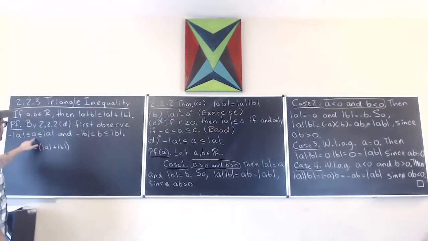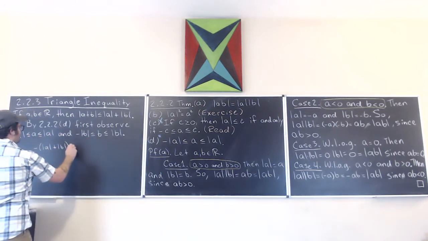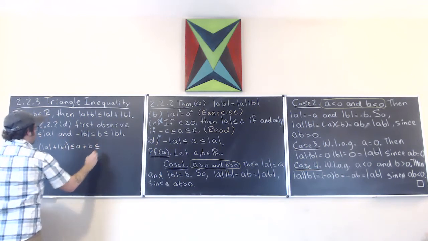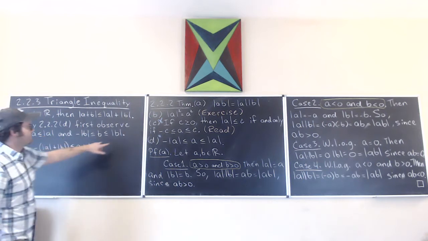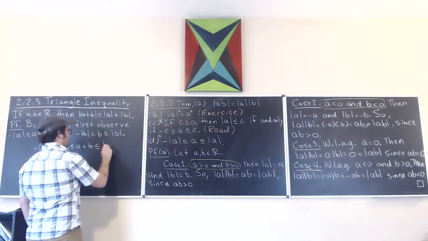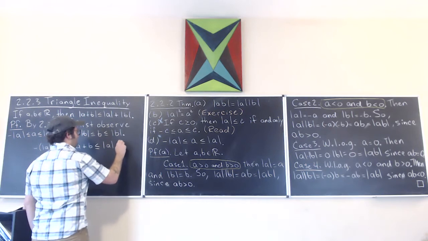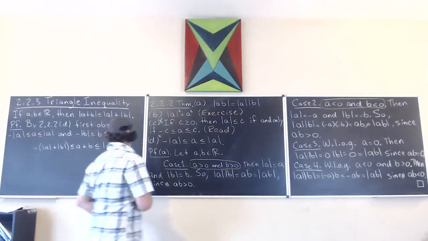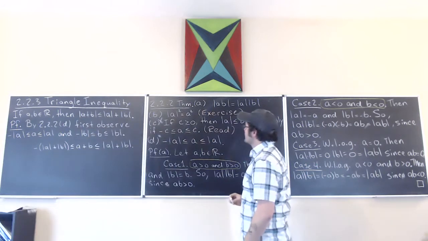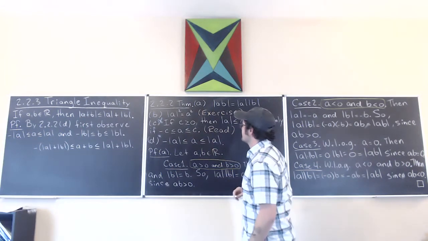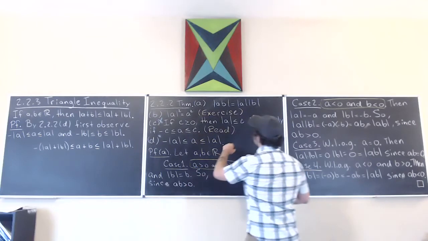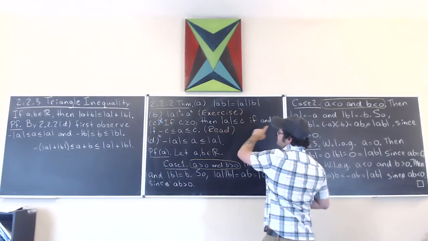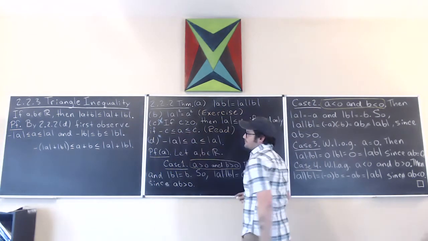And then in the middle, we have A plus B. And on the right-hand side, we have absolute value of A plus absolute value of B. Now, if we look to part C here, we have that absolute value of A is at most C if and only if this inequality holds.